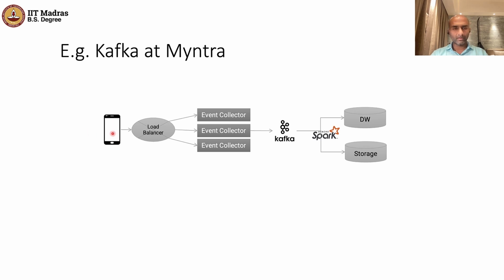So when a user interacts with the Myntra app, a variety of different things get captured as events, starting from something as simple as mouse over, clicking on a specific link or a specific part of the mobile interface, etc. All of those are events, right? And all of those events are being collected to form more informed points of view about who the customer is and what their preferences are.